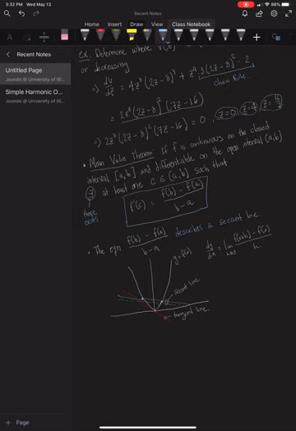Well, this happens when the limit as b tends to a of f of b minus f of a over b minus a. Okay? So this here will be another equation of a tangent line.